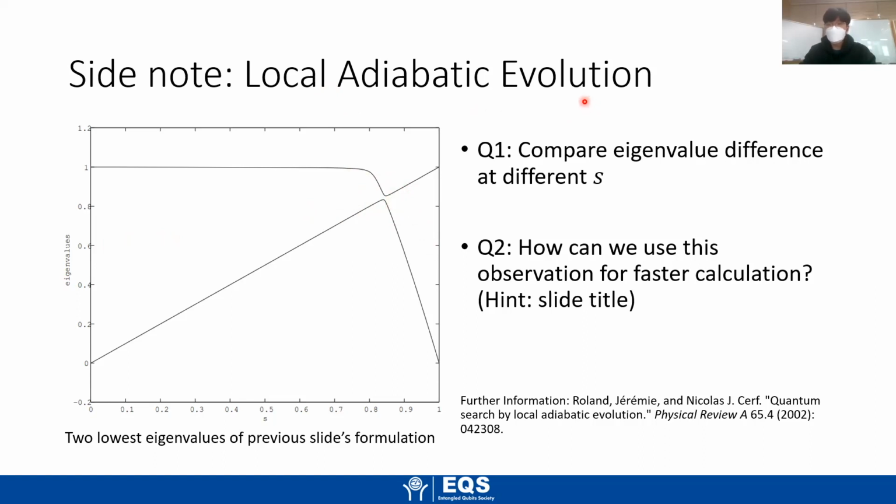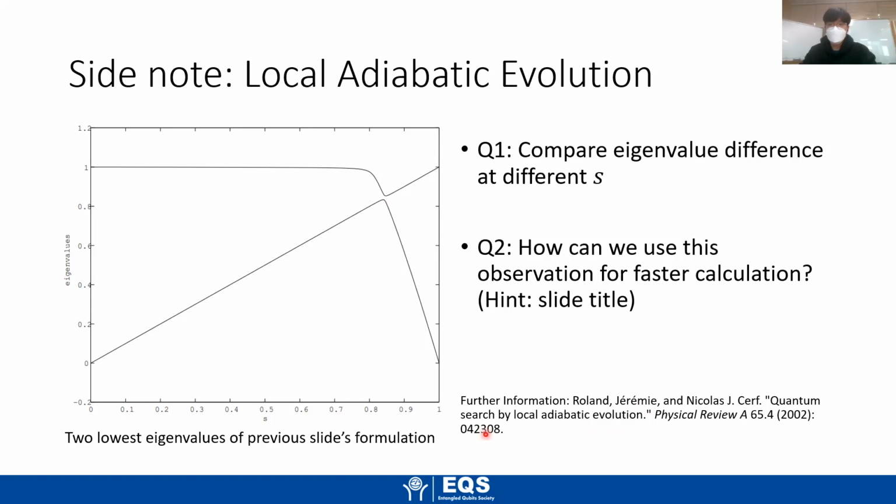So basically, instead of using the adiabatic condition on the entire evolution, we apply this condition to a very minuscule time step for each S. By doing this, a paper that was published in 2002 showed us that we can get the quadratic speed up, just like the gate-based methods for the Grover problem.